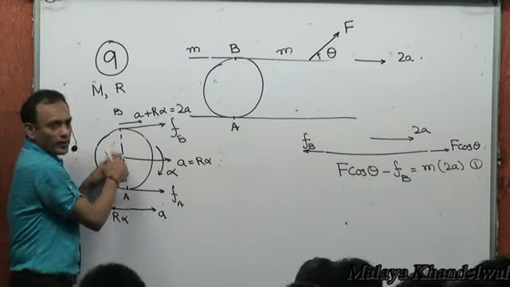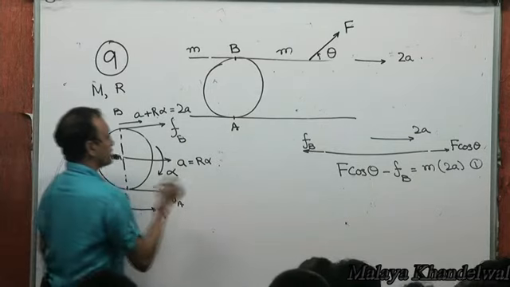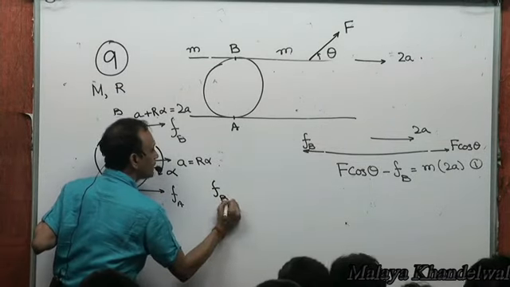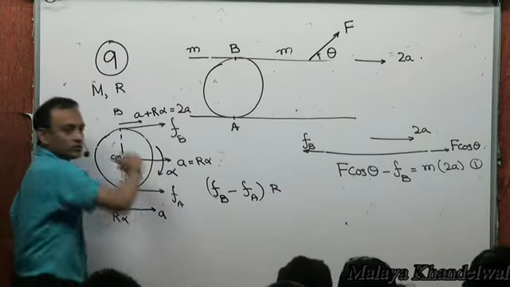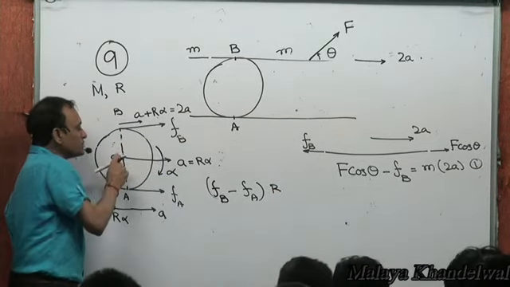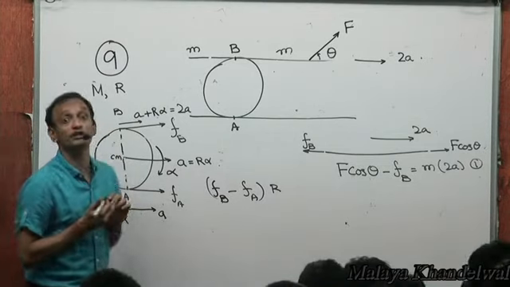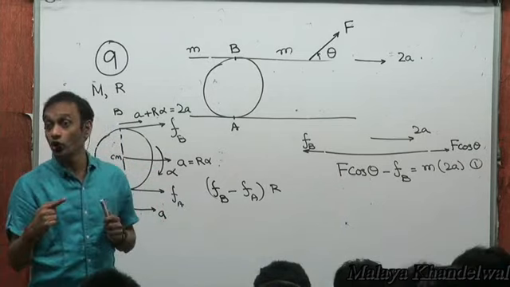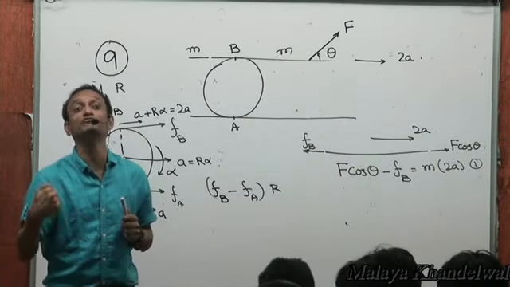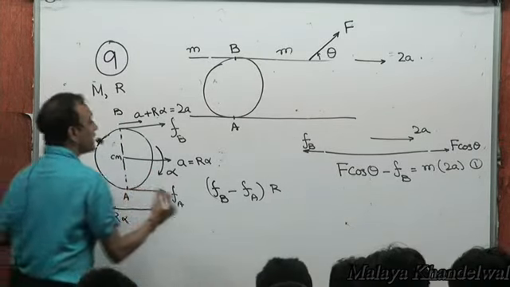If I took torque about the center of mass, what would it be? FB into R minus FA into R. That's a net clockwise torque about the center of mass. That must be I about the center of mass. For a hollow cylinder, I about the center of mass is MR squared. For a solid cylinder, it would have been half MR squared, but for a hollow uniform cylinder, it is MR squared.